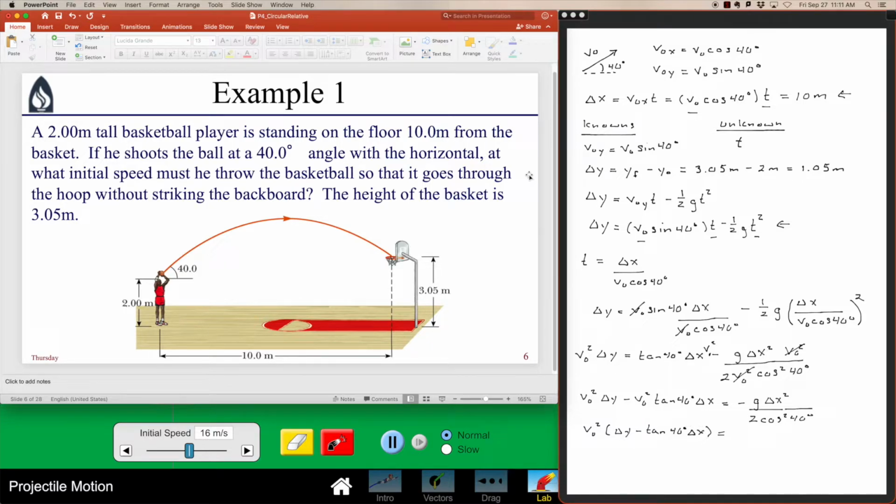V naught squared is going to be equal to minus g delta x squared divided by 2 cosine 40 degrees squared, and then I have to multiply that by, because I'm dividing both sides, by the stuff in the parentheses, delta y minus tan 40 degrees delta x. And then of course I would need to take the square root of both sides.